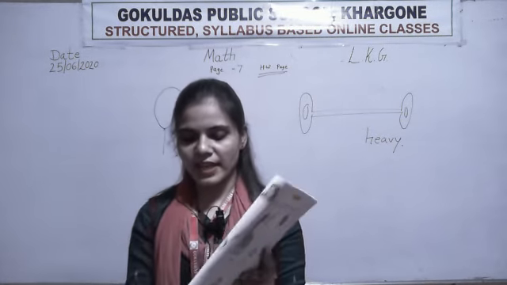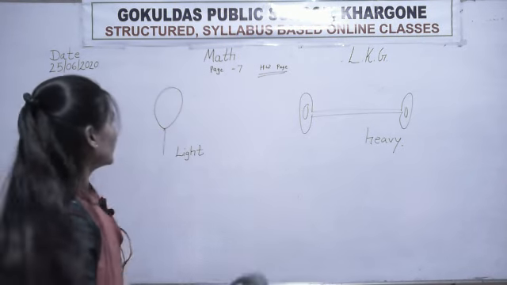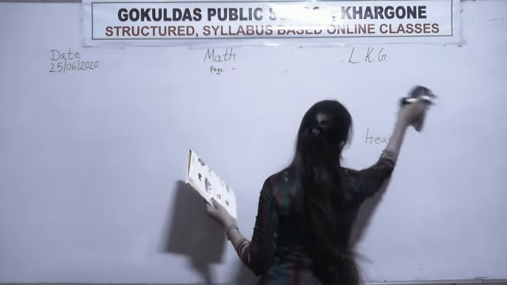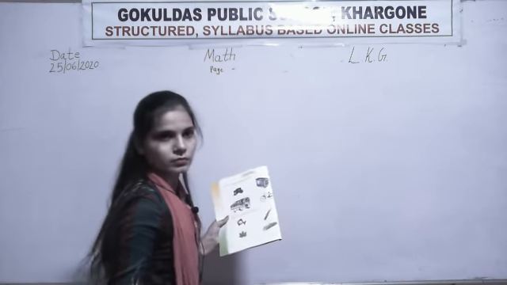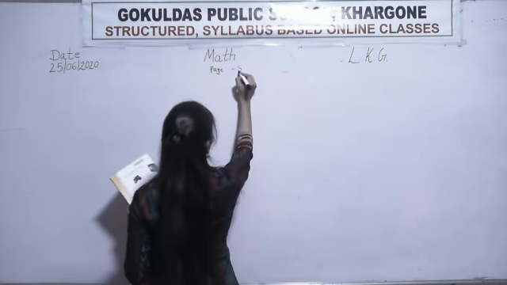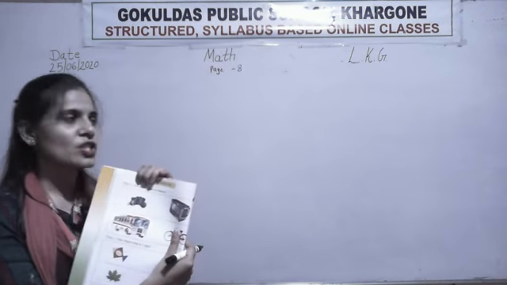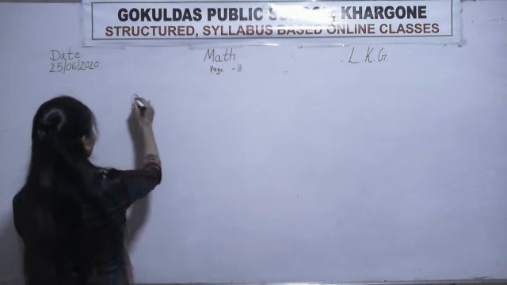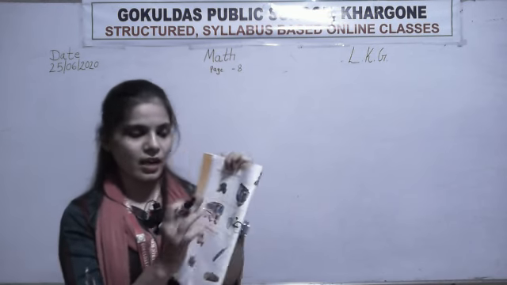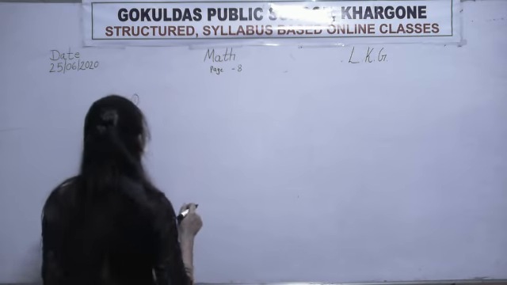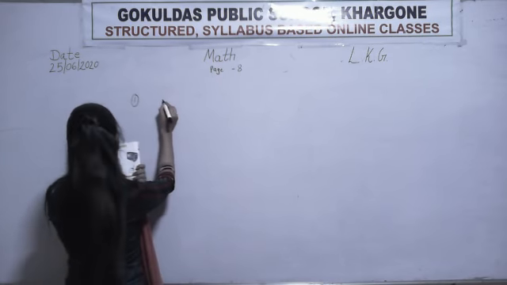Okay, take out your page number 8. Page number 8 exercise. First picture is a camera. Okay, camera and television. Which one is heavy and which one is light?